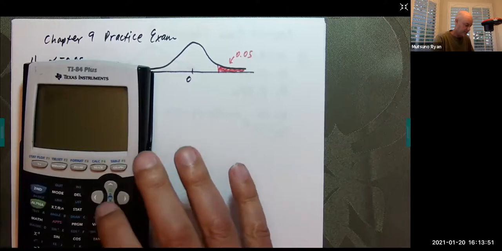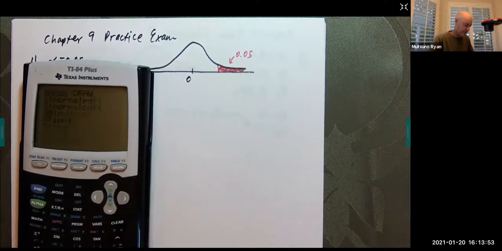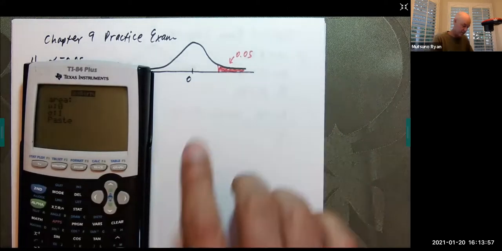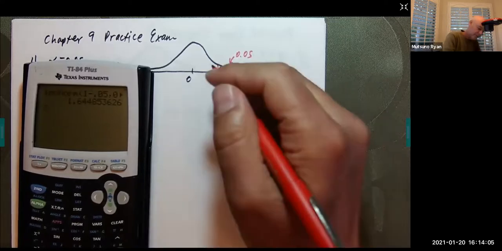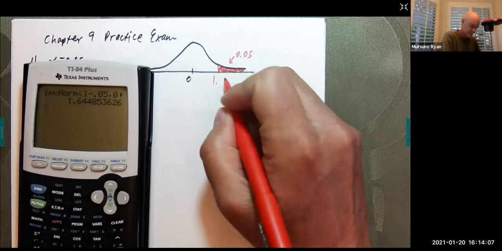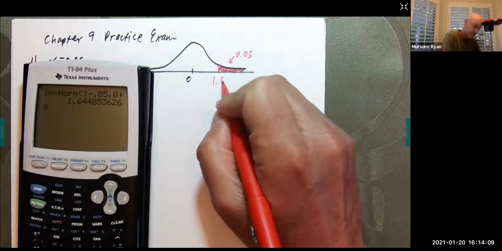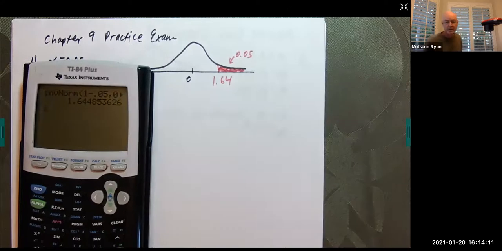So distribution, inverse norm. We need area to the left. We have area to the right. So I have to do my 1 minus trick. And that's giving us about 1.64. It does not say where to round it off.